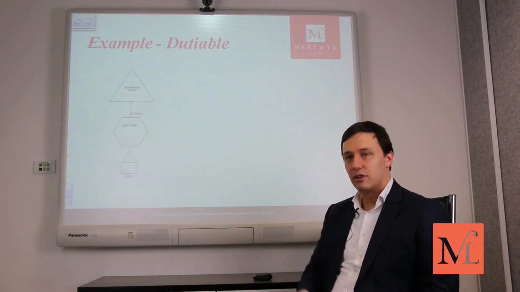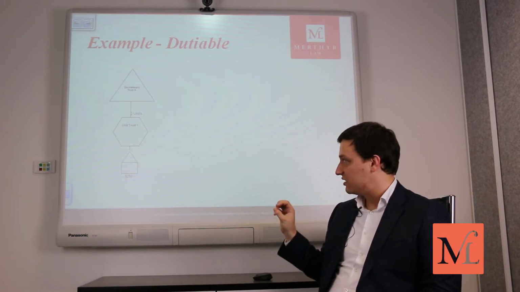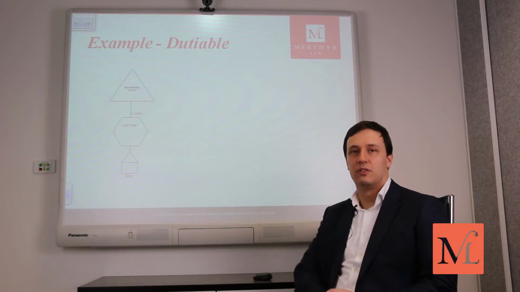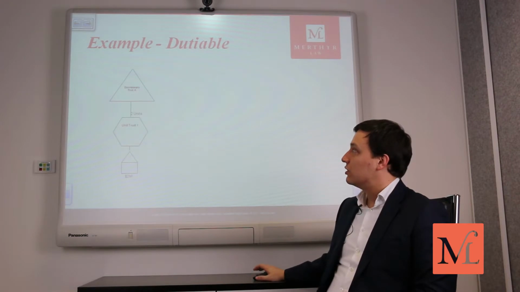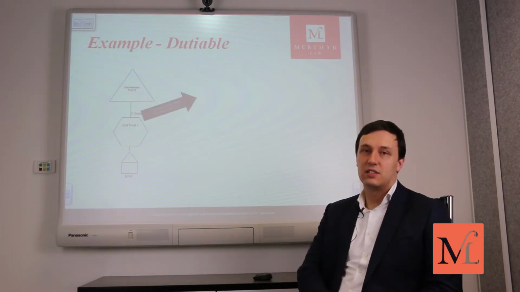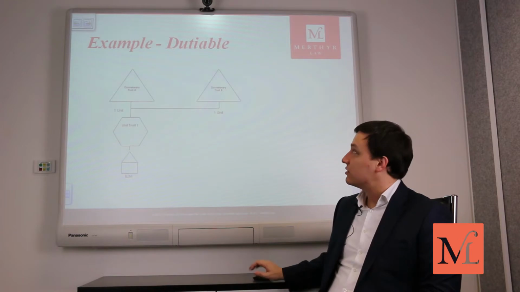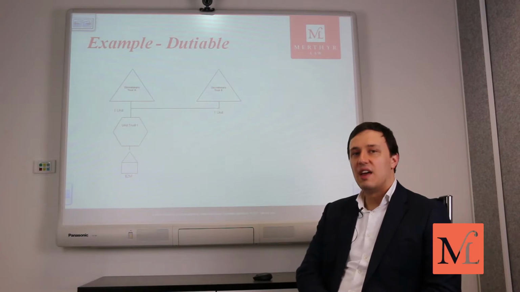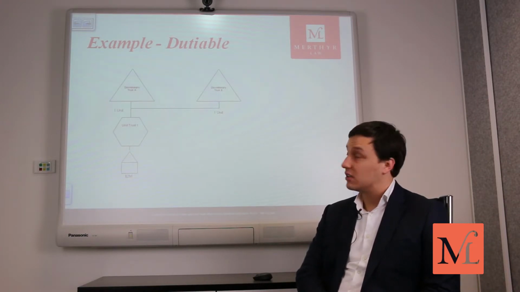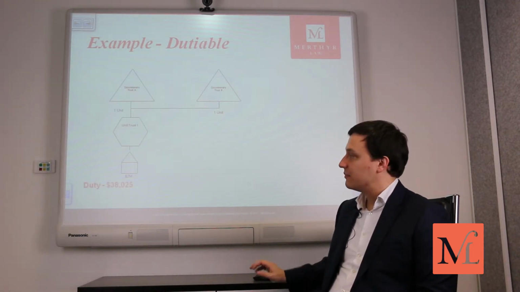So let's have a look at an example. In the first example, we've got a discretionary trust which owns 2 units in a unit trust, and that unit trust in turn owns $2 million worth of land in Queensland. If discretionary trust A transfers a unit to discretionary trust B, so that discretionary trust B now owns 50% of unit trust 1, that is going to be subject to stamp duty, as discussed, and there's no real question about that.